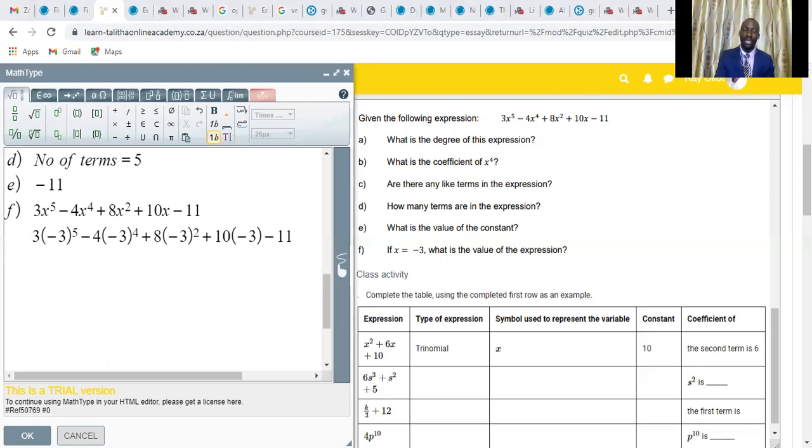Then minus 4 times negative 3, we close that. No, I did not write it nicely. Let me do this again. So we'll be having 3.